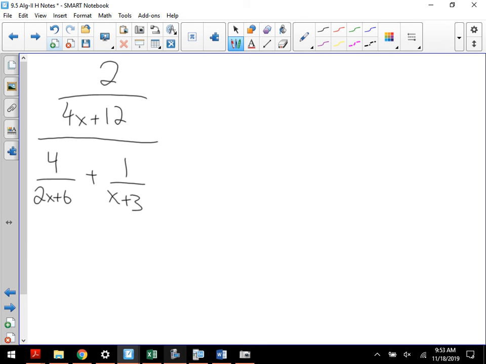In this top one, these are all divisible by 2, aren't they? So as I'm starting that one, I would have probably written down 1 over 2x plus 6. I would probably have done the same thing down here. Then I'd have 2 and then x plus 3.